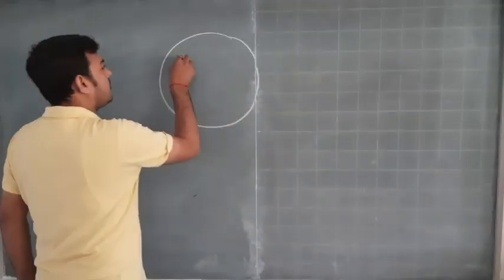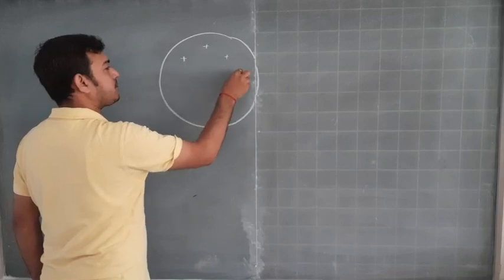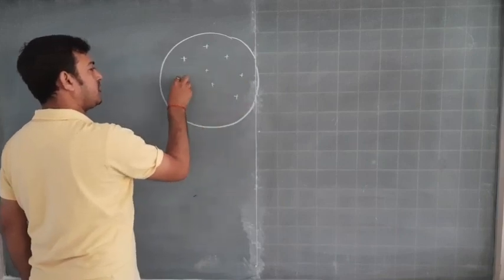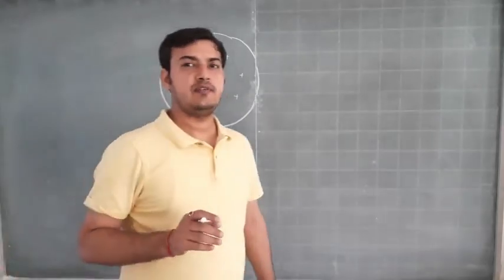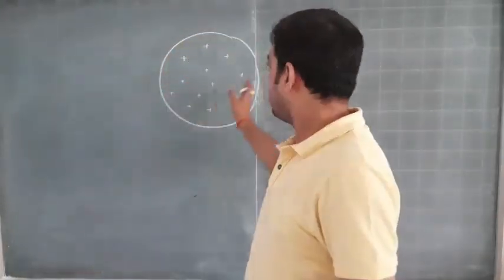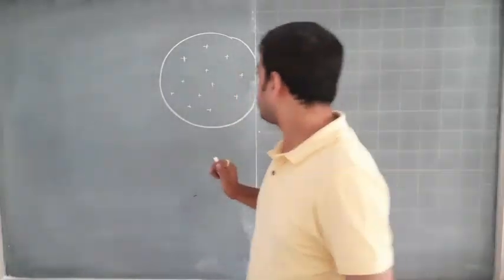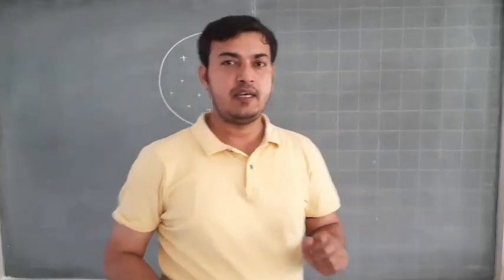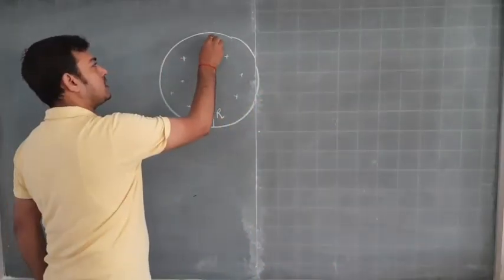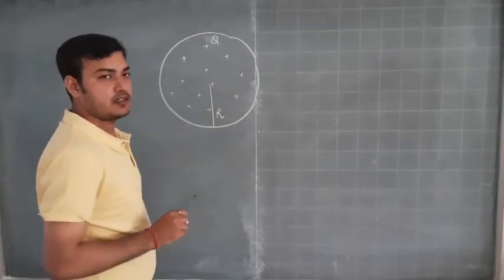Now, since I am dealing with a non-conducting sphere, it means the charge will be uniformly distributed over its entire volume. The radius of this sphere is r, and let me take the total charge on this sphere as q.